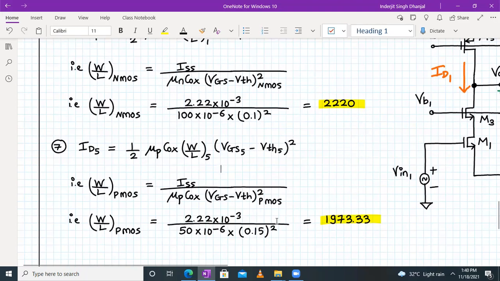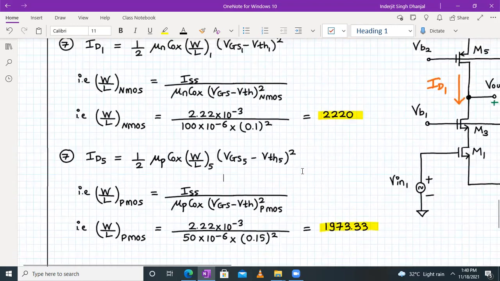So it will be 0.15 square. So W by L of PMOS will be ISS divided by mu p Cox into VGS minus VTH the whole square. Here mu p Cox is 50 micro and VGS minus VTH is 150 milli, that is 0.15 the whole square. If you substitute these in the calculator, you will get the W by L ratio for the PMOS devices as 1973.33, which you can approximate to 1973.